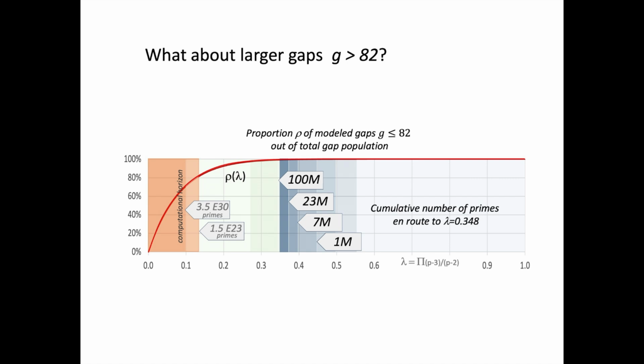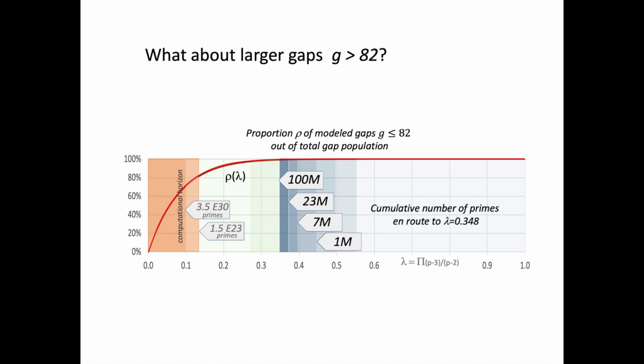Well, we're able to calculate the percentage of total gaps represented by the gaps up to 82. That percentage is depicted here in the red curve. We show that through the first 100 million primes, in fact, through the first 10 to the 12th primes, 99% of the gaps are at most 82.